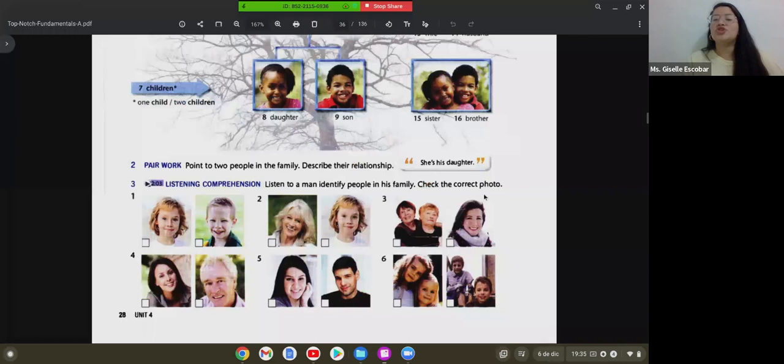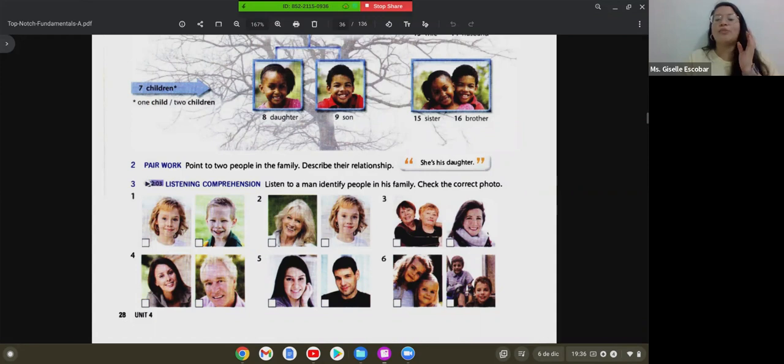And we have to check the correct photo. So, vamos a escuchar a un hombre que va a identificar a las personas de su familia. Lo que vamos a hacer es decir picture number 1 or picture number 2, or just number 1 or number 2.